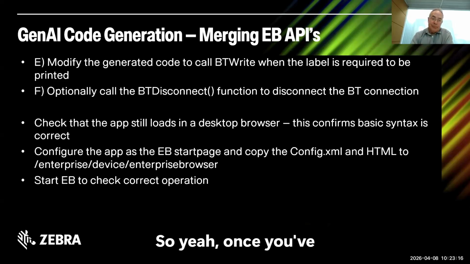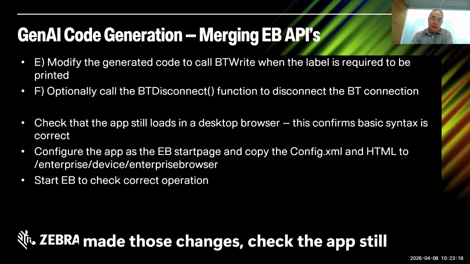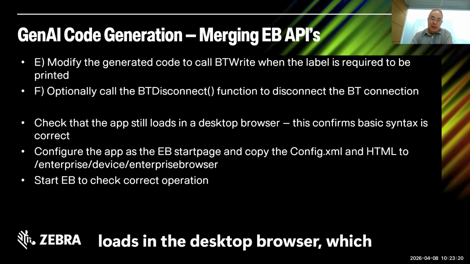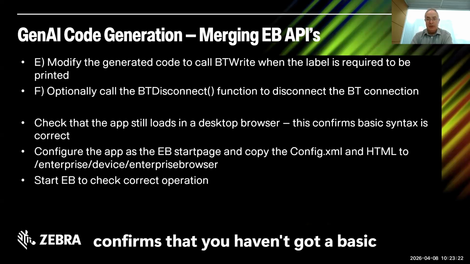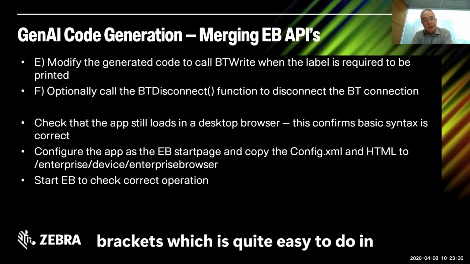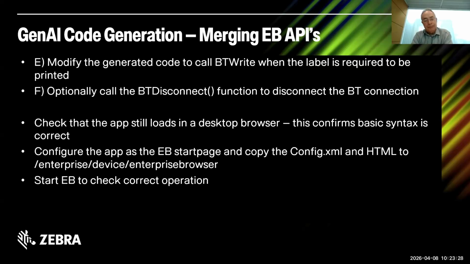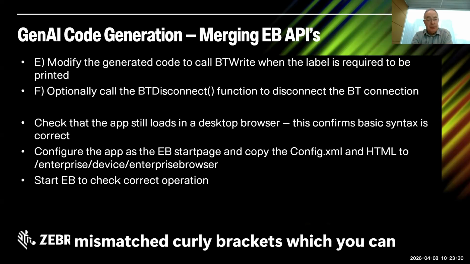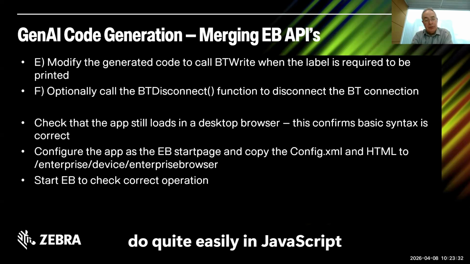So yeah, once you've made those changes, check the app still loads in the desktop browser, which confirms that you haven't got a basic syntax error, for example mismatched curly brackets, which you can do quite easily in JavaScript.